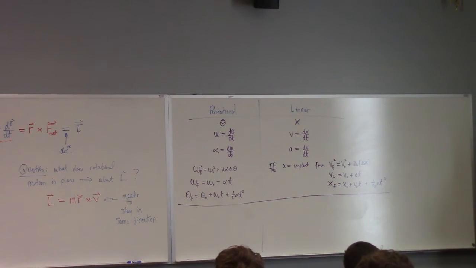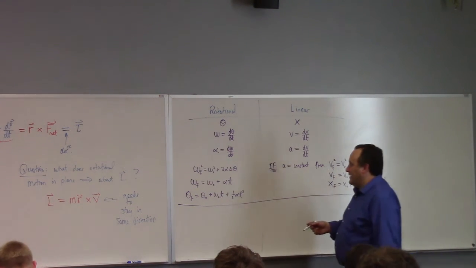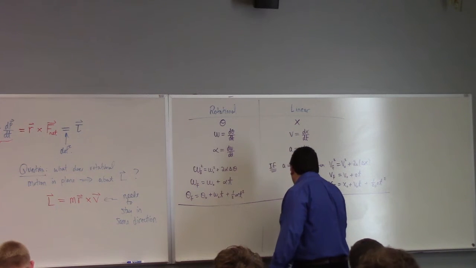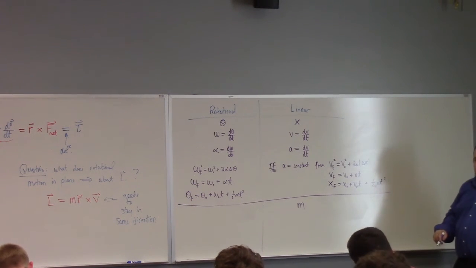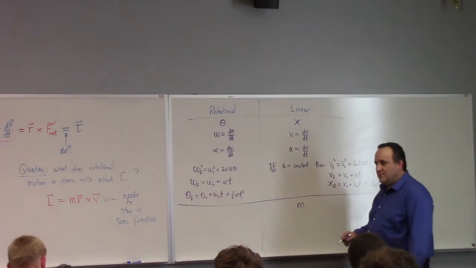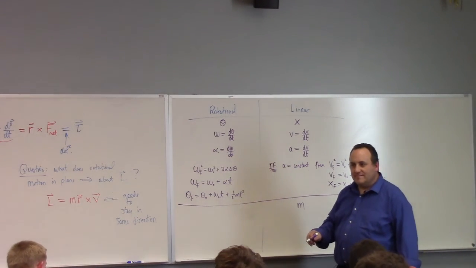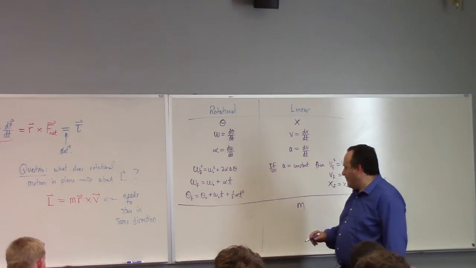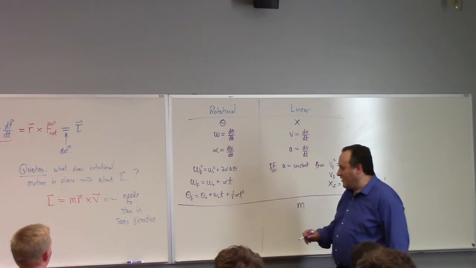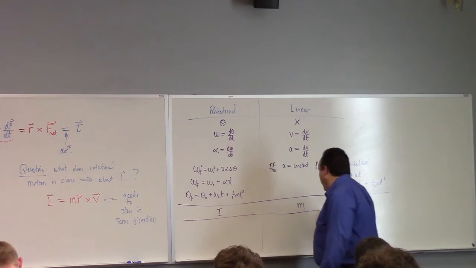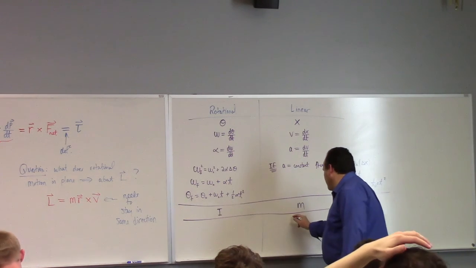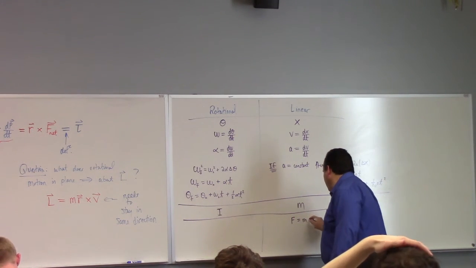What else is there? Dynamics, right? What's the foundation of dynamics? Well, in the linear case, it's mass. What is the analog for mass for rotations? What's that? Inertia. I. So over here, you have F equals ma.